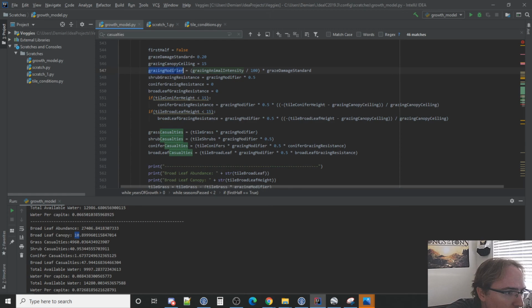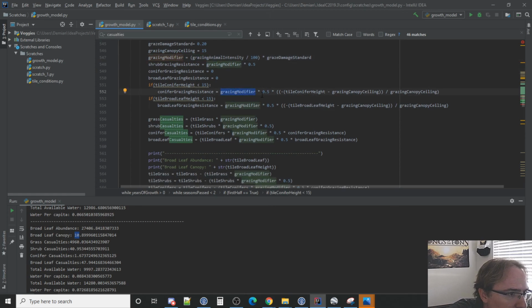Okay, grazing modifier. Okay, so grazing modifier should be fine. We cut that in half because by default trees are twice as resistant. So now we take our height. Let's say 11 minus our ceiling, which is 15. Effectively multiply by -1. Divided by our ceiling again, 0.266. It looks right. Times 0.5.